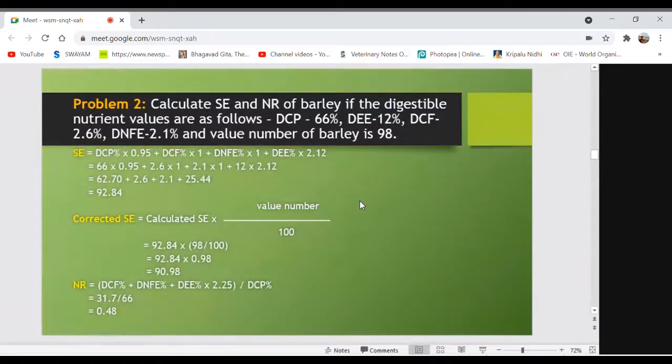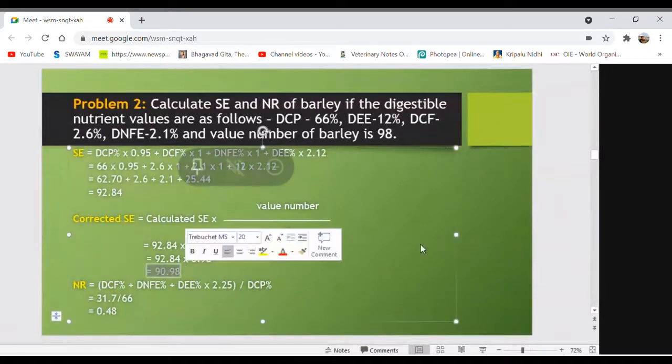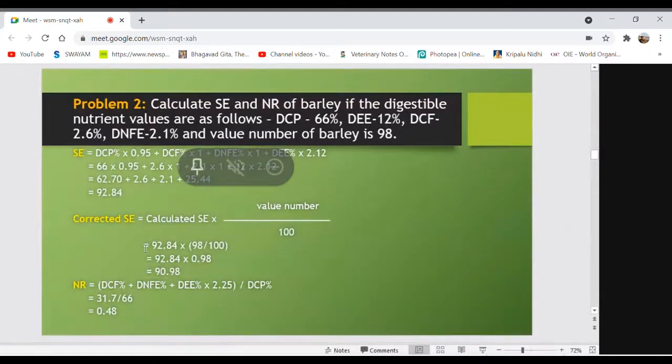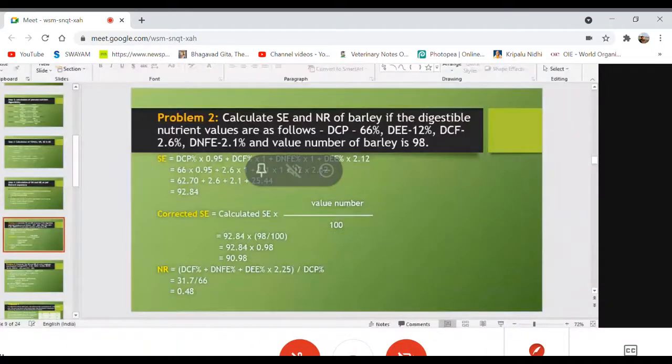So this is the calculation. Calculated SE, that means 92.84 into value number or golden number divided by 100. So this way it will be 90.98. Okay, so this will be the corrected starch equivalent of the barley.